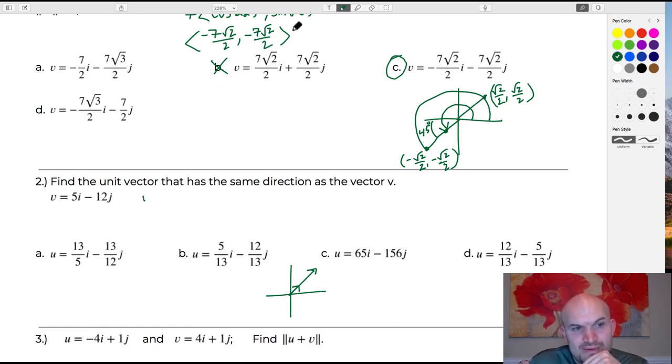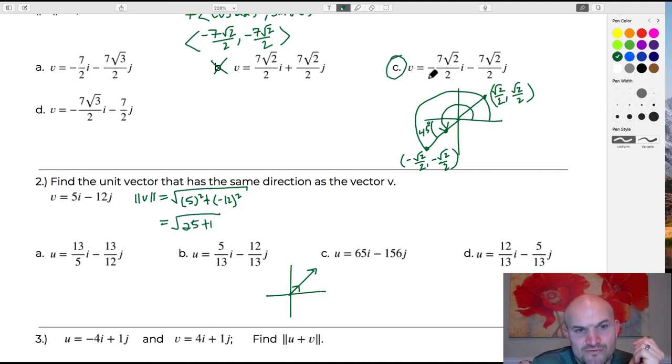So to do this, we obviously need to figure out what is the magnitude of v. So the magnitude of v is going to be 5 squared plus 12 squared, or negative 12 squared. Okay, hopefully you understand this is a Pythagorean triple. If you don't, then I guess we could do it for you. 25 plus 144, and that's going to give you 169, which is 13.